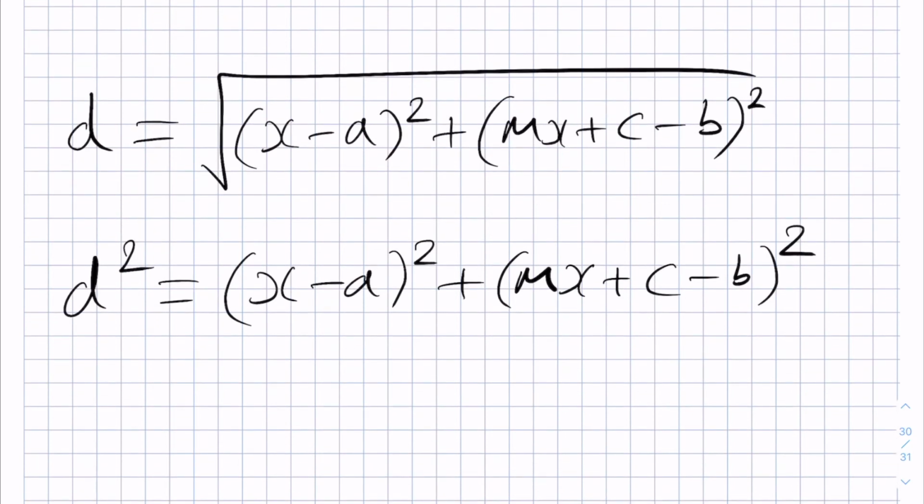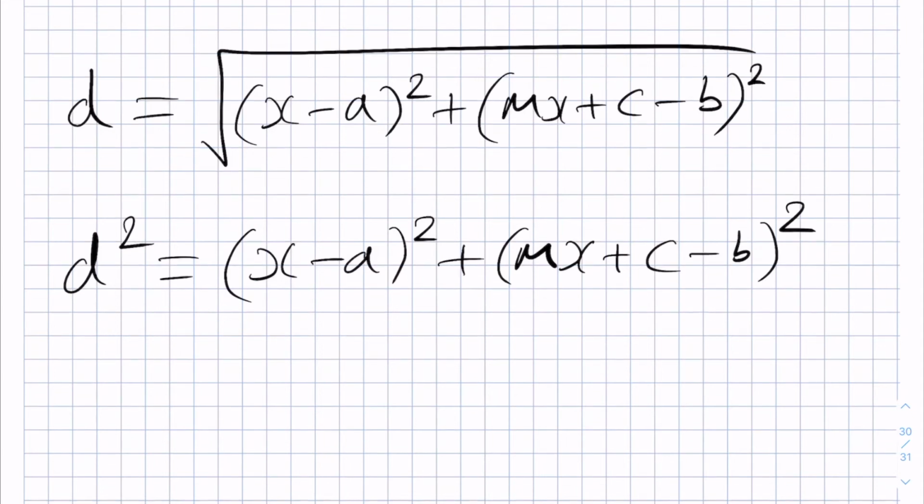If there is a unique point of S nearest to AB, then we can look at either of these 2 things to consider that. However, this one is much easier to work with because of the lack of square root. To get a unique point of S nearest to AB, we need to have a unique minimum of this expression here as x varies.